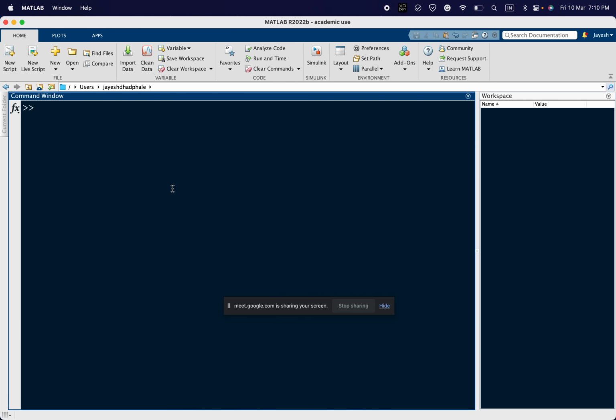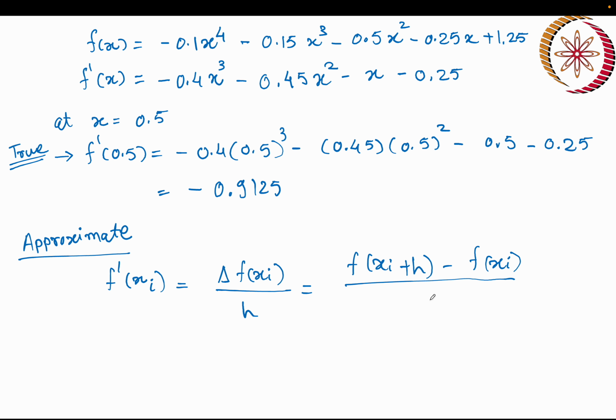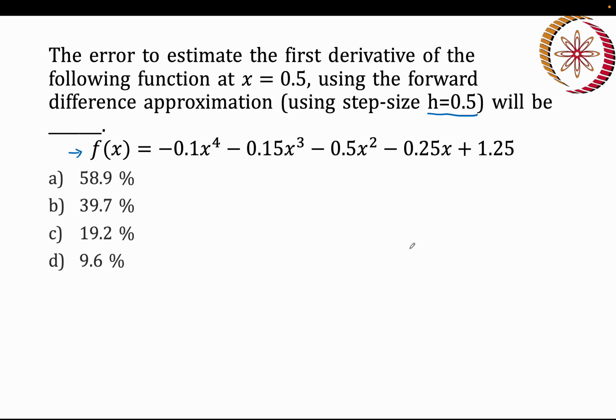We can take the forward difference at xi and divide by the step size, that is f of xi plus h minus f of xi, divided by h. And if we go back, the step size is given to be 0.5.